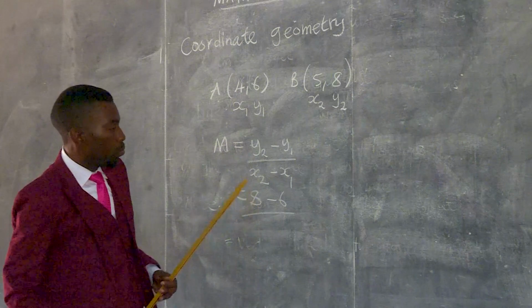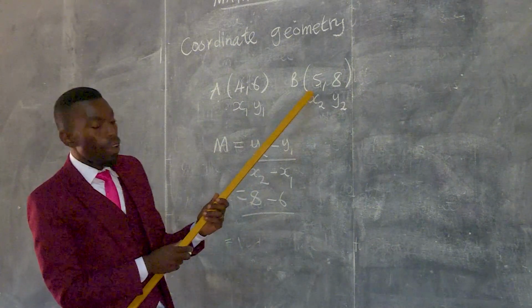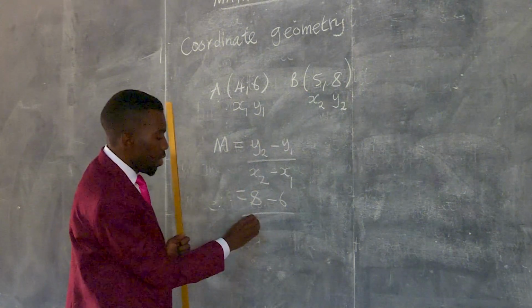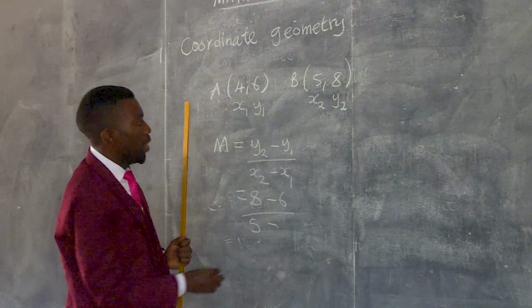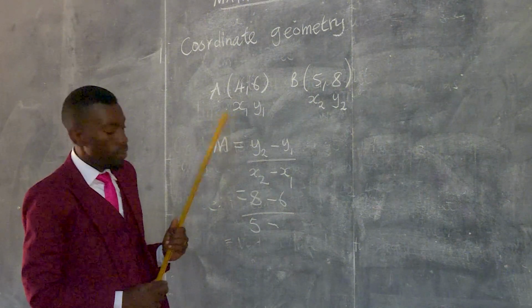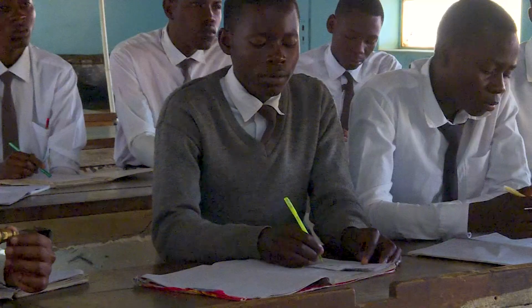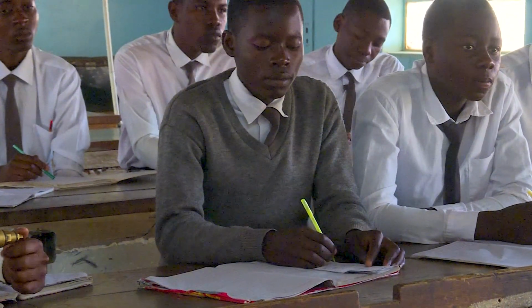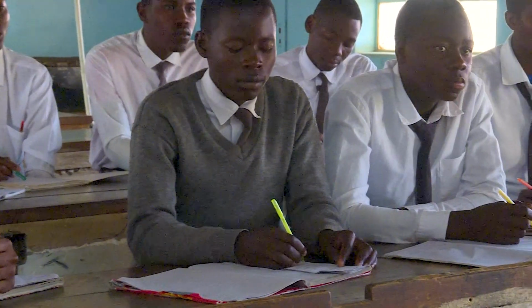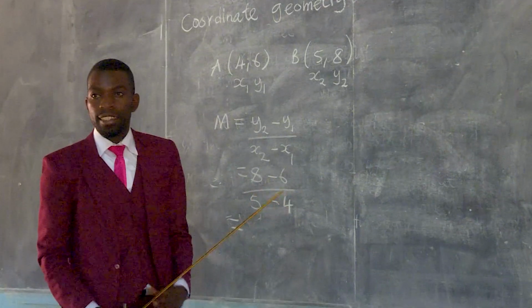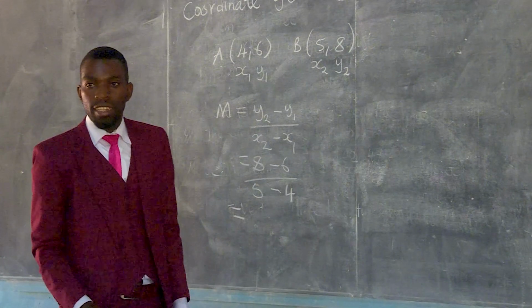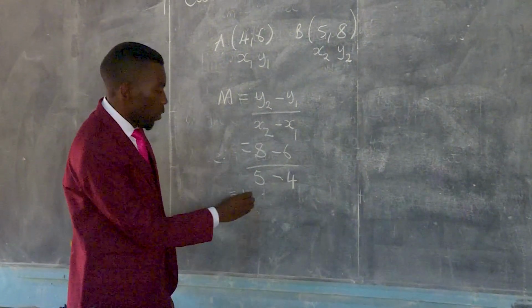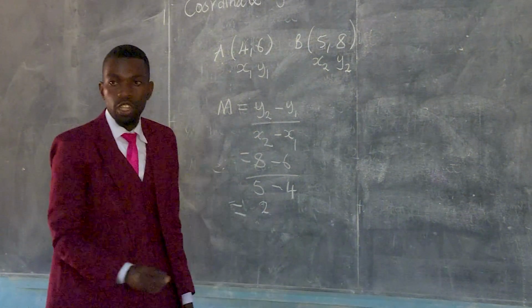Then we come to x2. The value is 5. Minus. Then we come to x1, the value is 4. Then we proceed now with the subtraction there. We have 8 minus 6. Fred, 2. So 8 minus 6 is 2.